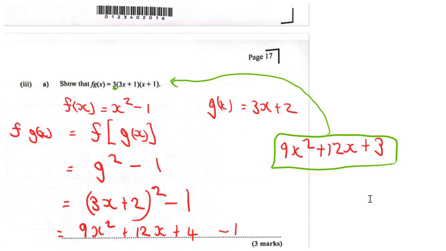So let's factor out 3. We're going to get 3 open bracket, 3x squared plus 4x plus 1. So we now need to show that whatever is in the bracket is equal to 3x plus 1, x plus 1.